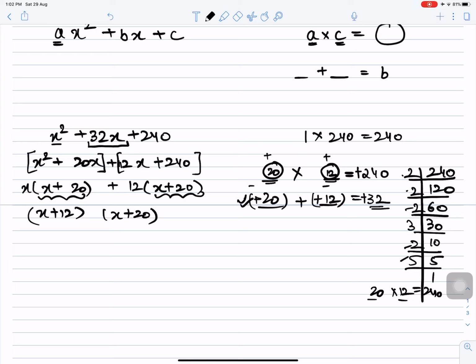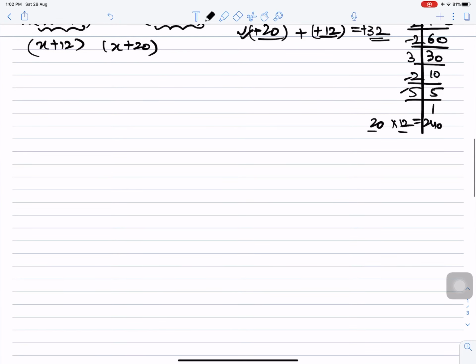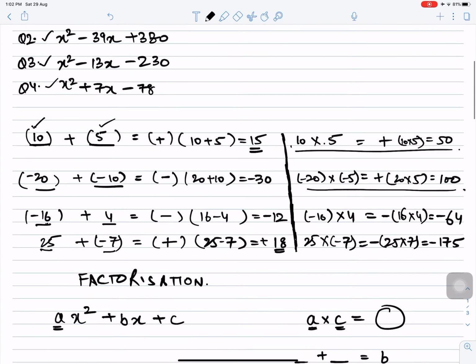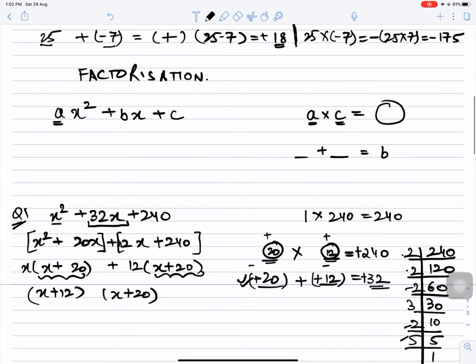Okay, this is the simplest question, which I have explained to you with the rules. Now let me take the second question. The second question says x square minus 39x plus 380.